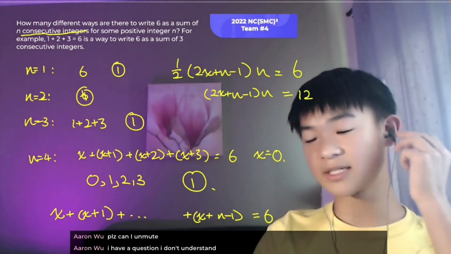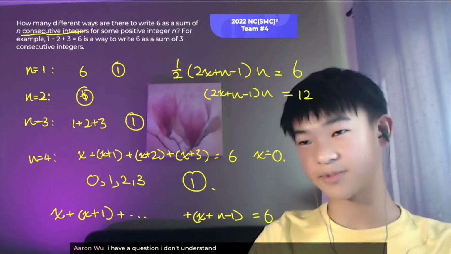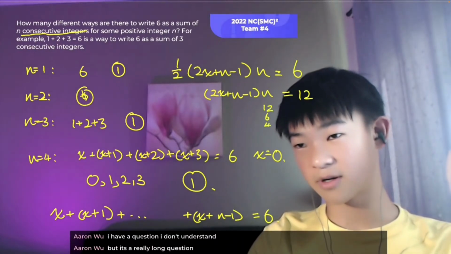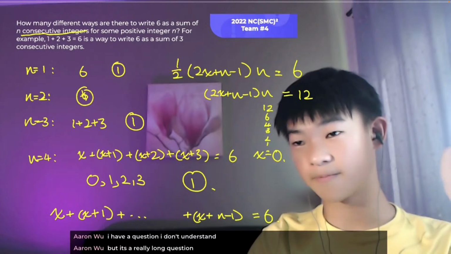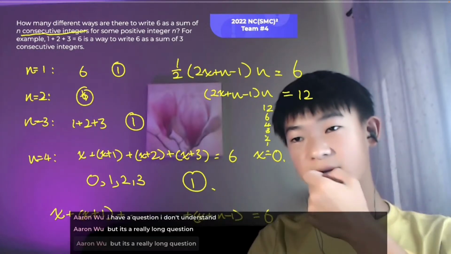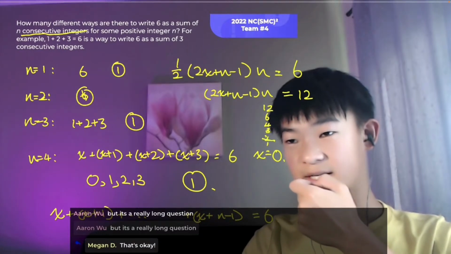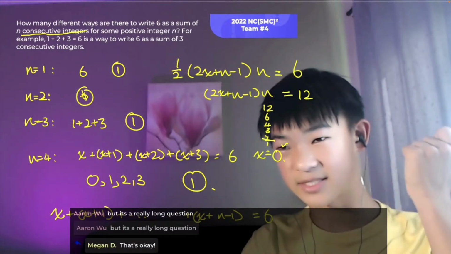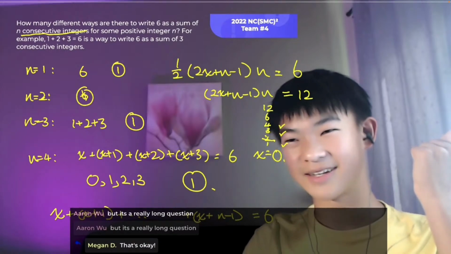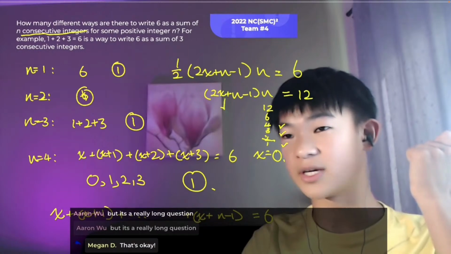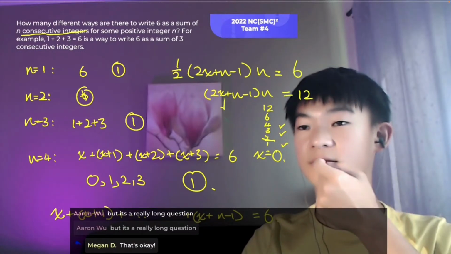So since n is a positive integer, we can only have possible n equal to 12, 6, 4, 3, 2, and 1. We already know that 2 is impossible, 1 gives us an answer, 3 gives us an answer, 4 gives us an answer. Now for 6, if n is equal to 6, this factor would be 2.